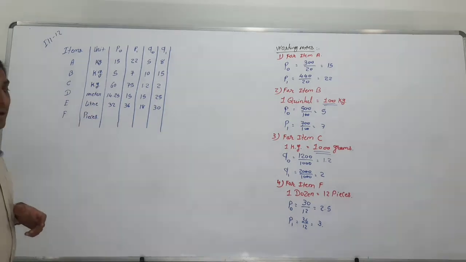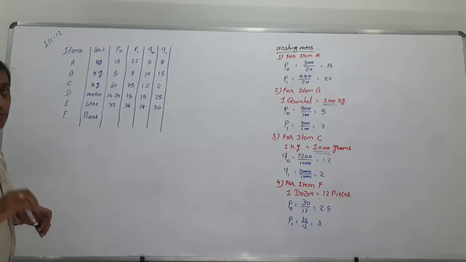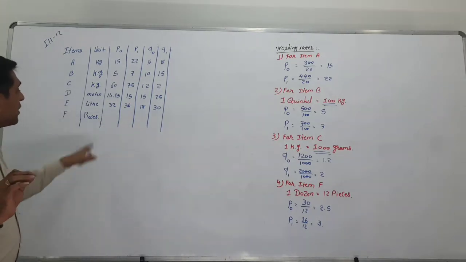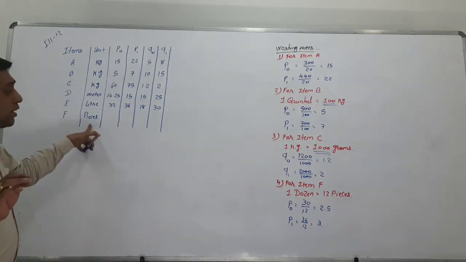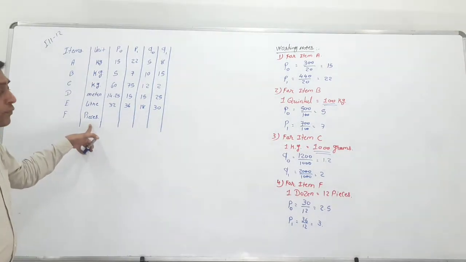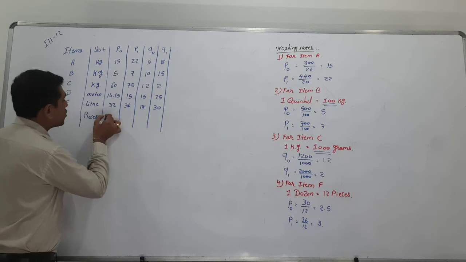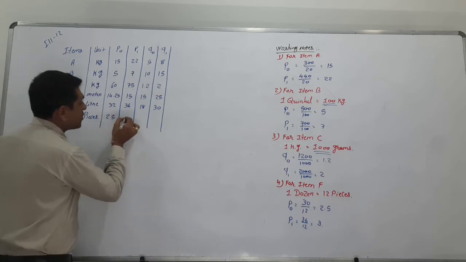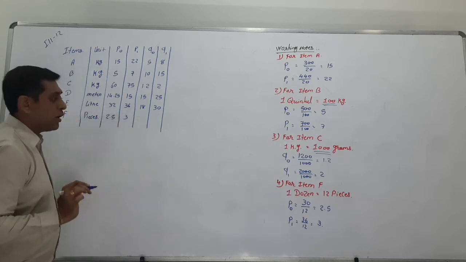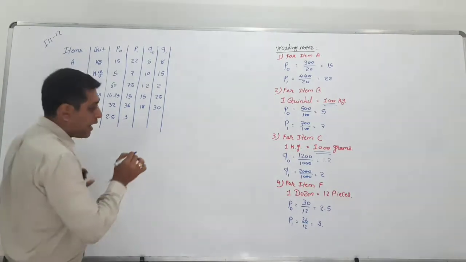Whenever I am changing the price, that means we are changing the unit column also. So we have to write the new price, that is 2.5 as well as 3. Now the quantity is as it is, no change in the quantity, 8 and 10.